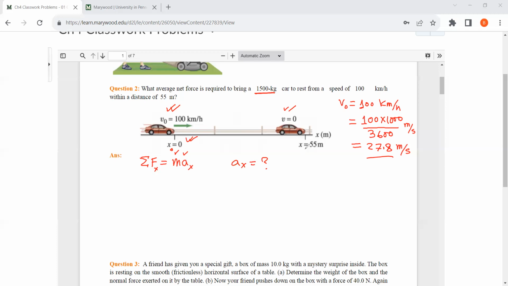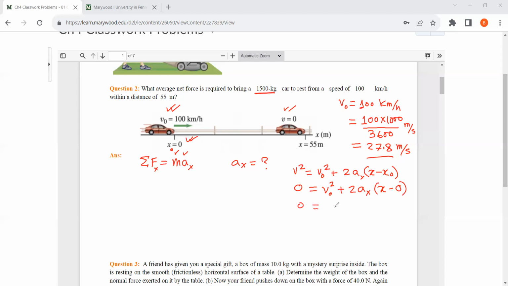I think the useful equation is the last kinematic equation, v squared equals v0 squared plus 2ax(x minus x0), which we can use to solve for ax. Here the final velocity is 0, and x0 equals 0.